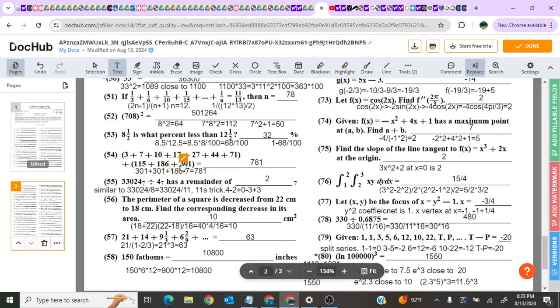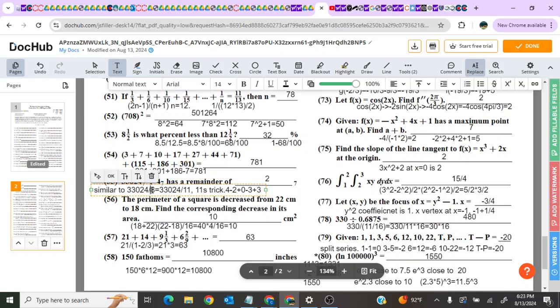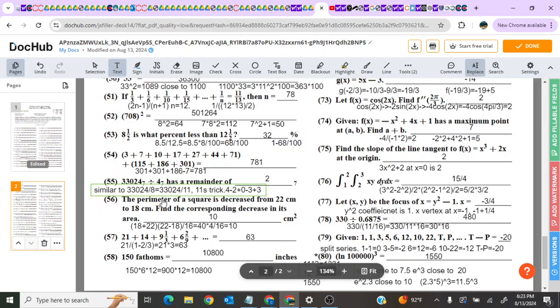55. 33024 base 7 divided by 4 base 7. Well, it's pretty similar to dividing by 8. You're just taking the remainder more, basically. Anything that has a remainder of 1, 2, or 3 when divided by 8 will also have that when divided by 4.